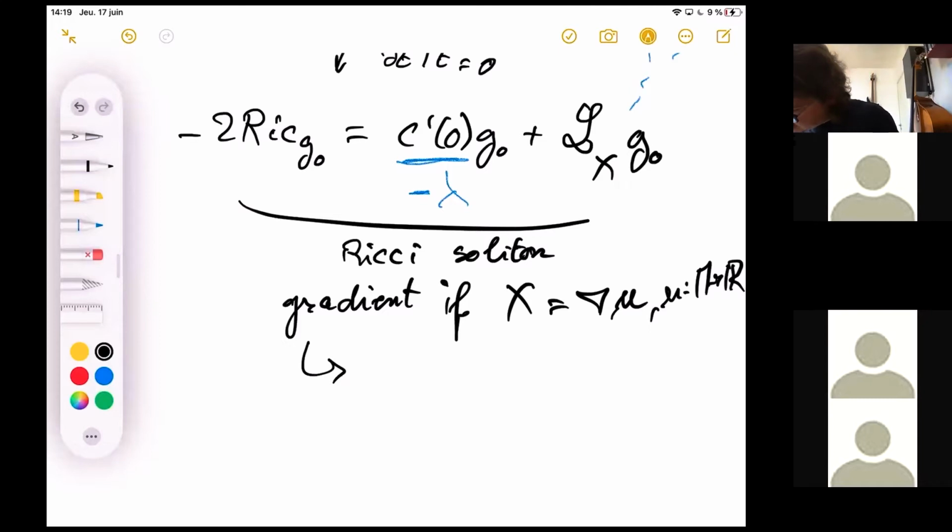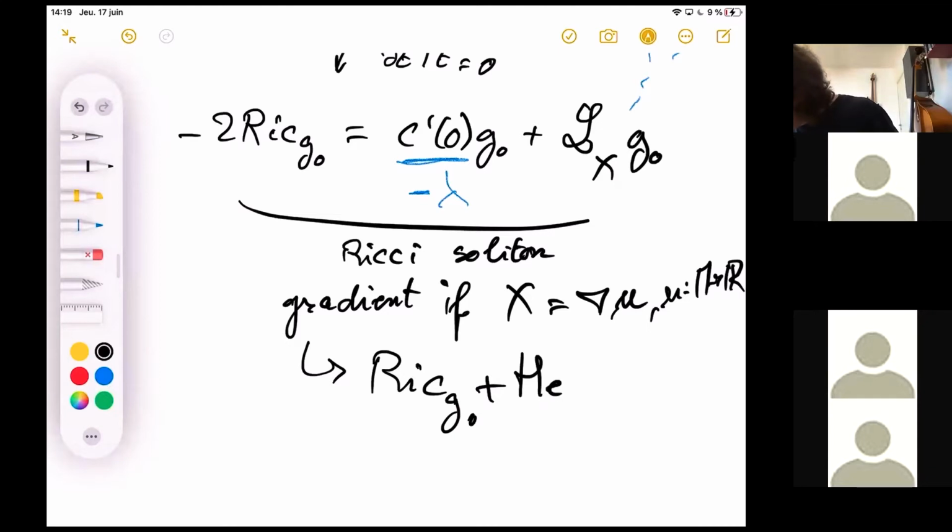So what you get is that, I'm not sure about my sign choices, if they are really coherent with my notes, but up to changing some convention, it's not a big deal.